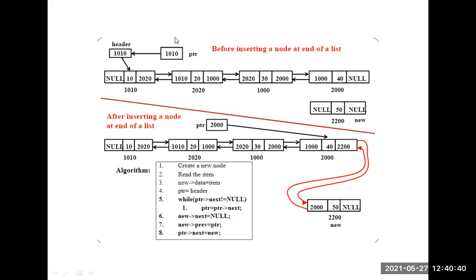For this, first you have to check if the header equal to null, which means the list is empty. If the list is not empty, then you have to move forward until you get the null value. How do we move forward, with the left link or the right link? Just consider the right link.